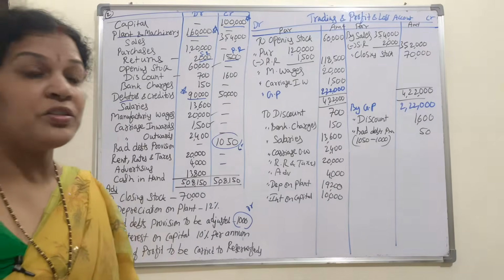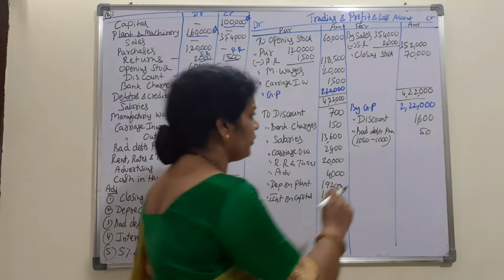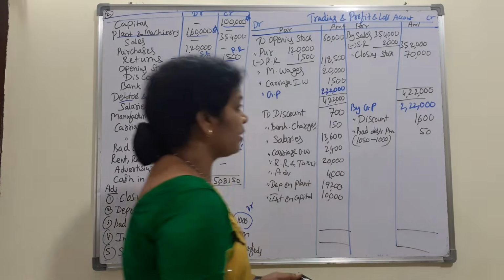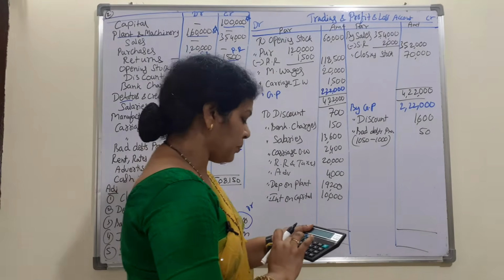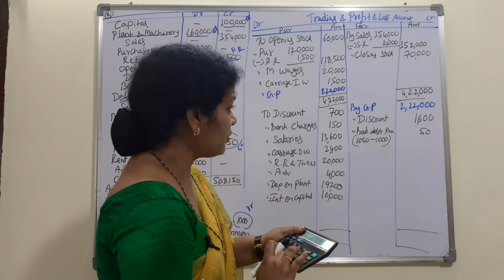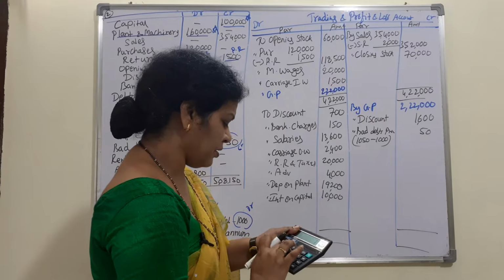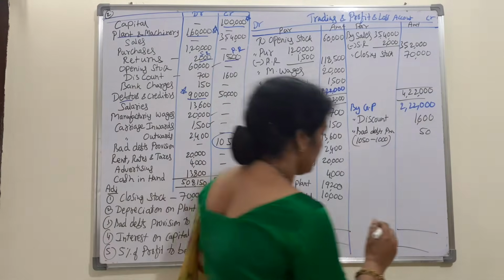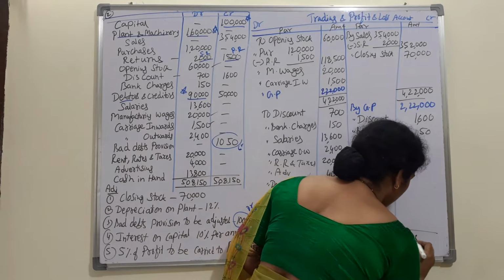So for that, first we need to calculate the profit. We'll calculate the profit out of this. 2,22,000 plus 1,650 is 2,23,650.